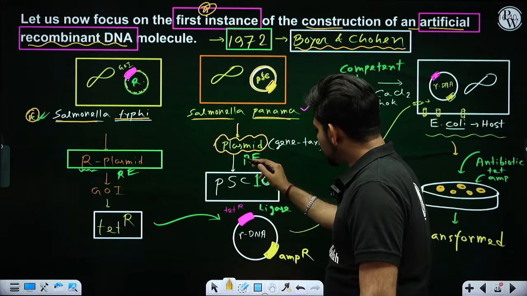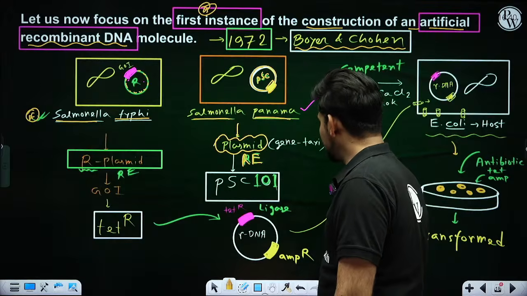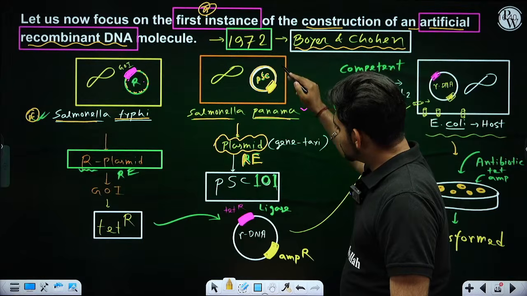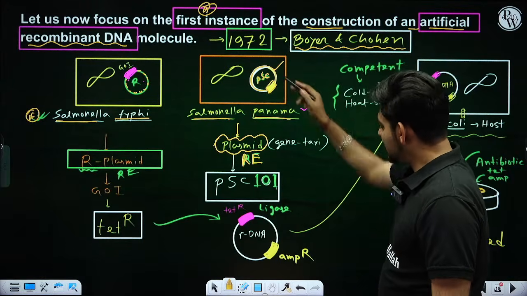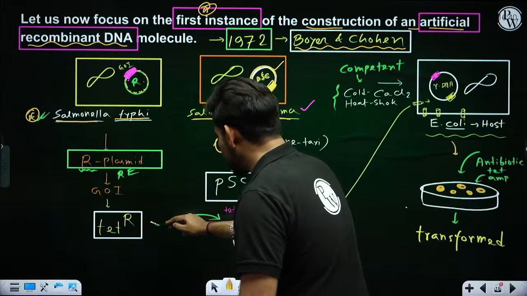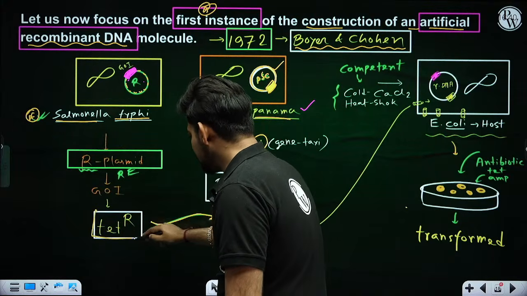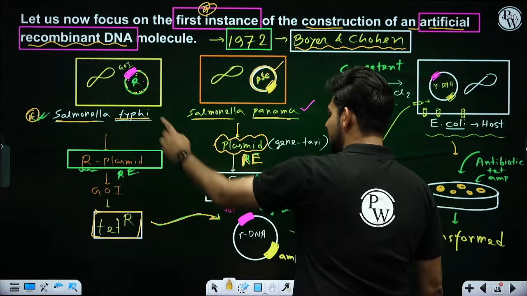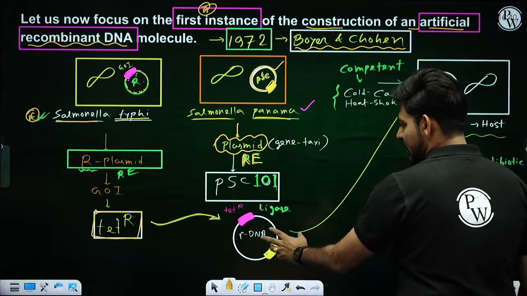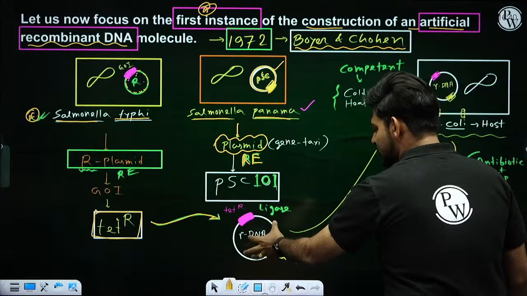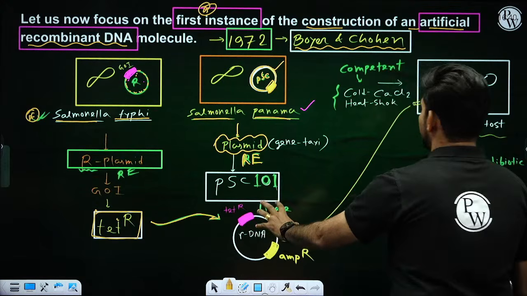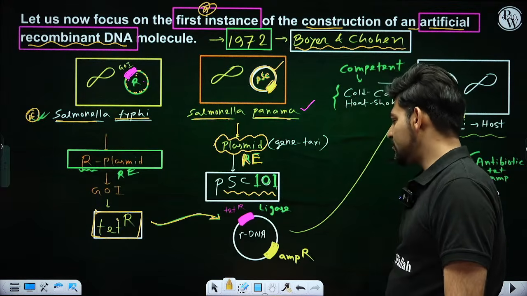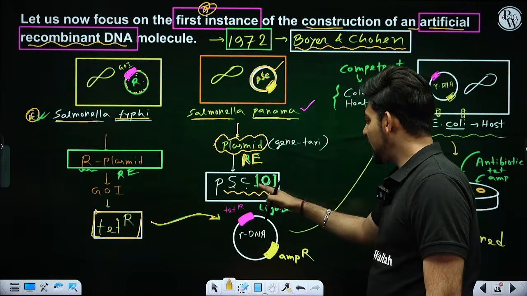They cut that plasmid with the help of restriction endonuclease, or molecular scissor, and within this plasmid called PSC, they incorporated the gene of interest, that is the tetracycline resistant gene, which was isolated from the R plasmid of Salmonella typhi. And that is how they constructed the first artificial rDNA called PSC 101, plasmid of Stanley Cohen 101.